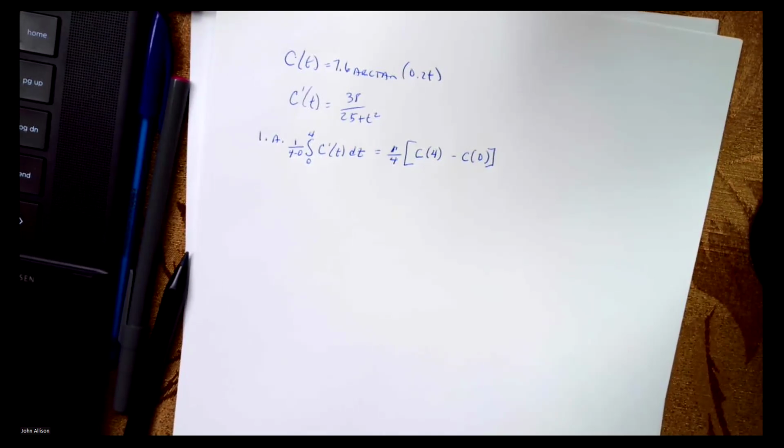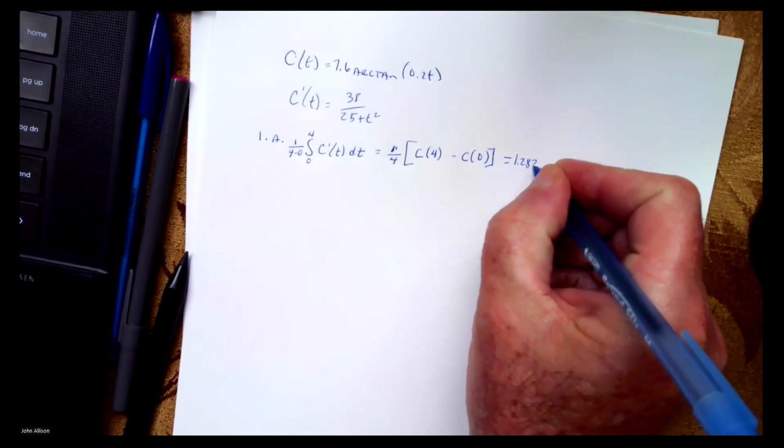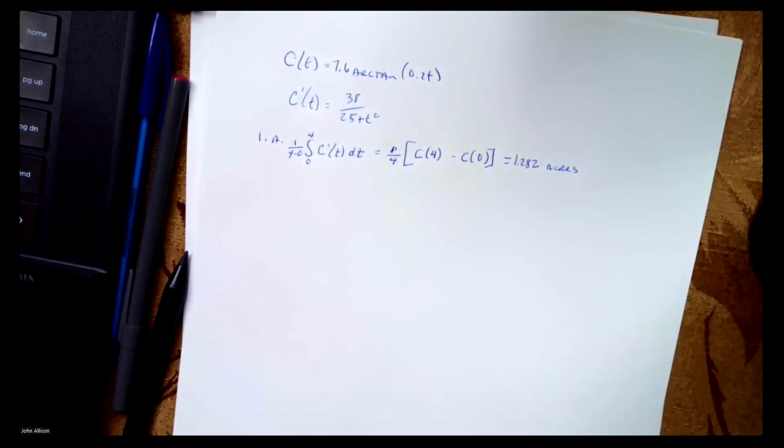So I'm going to do y1 of 4 minus y1 of 0. I'm going to hit enter, and then I'm going to divide it by 4. And I'm going to get 1.282. And that's acres. That's the average value for the first 4 weeks.